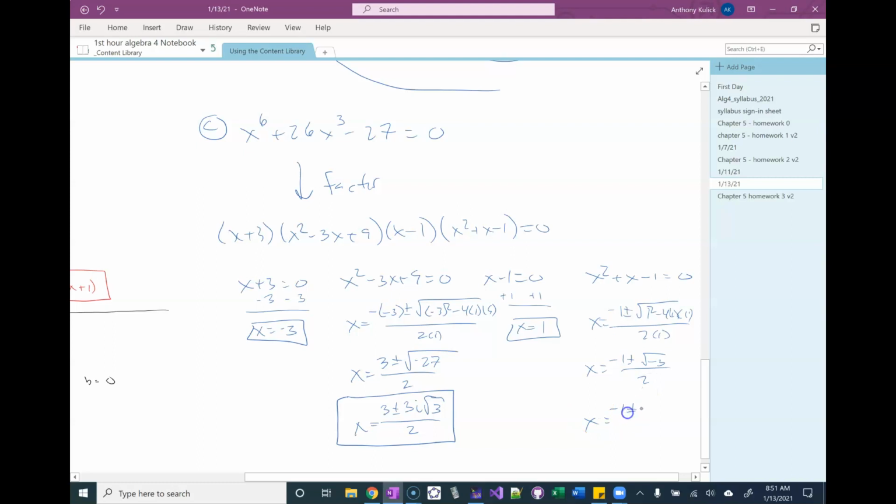And again, I have a negative under my square root, so I get an i. But there's no real more simplifying.